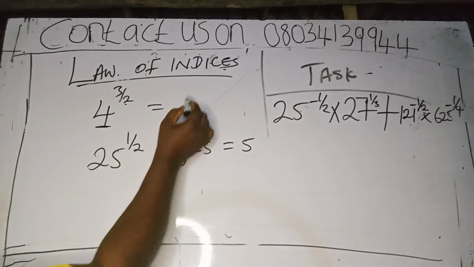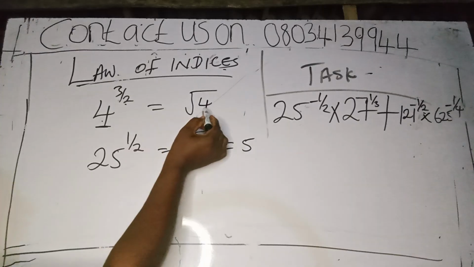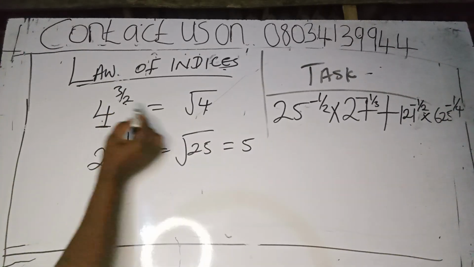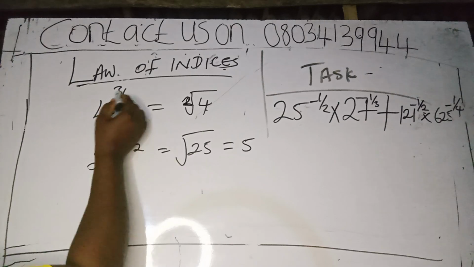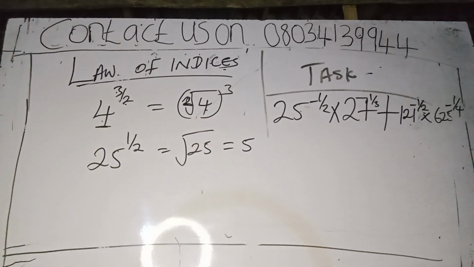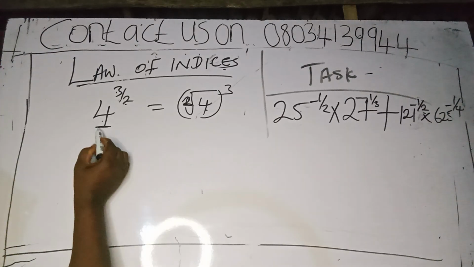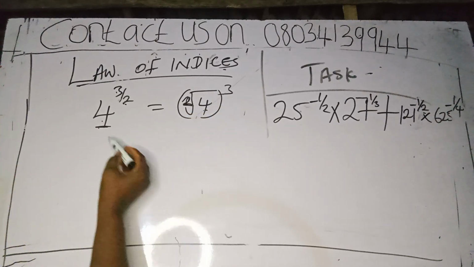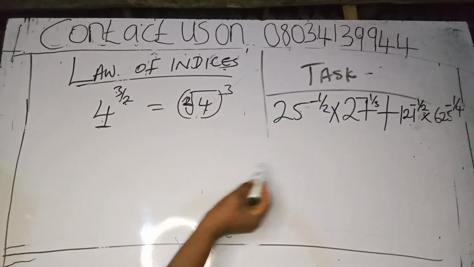The base should be expressed within the root. Take the base, put it within the root. Let the denominator serve as the root determinant. Let the numerator raise everything to a power. Let's simplify further. The base expressed within, the denominator determines, the numerator raises them to a power.